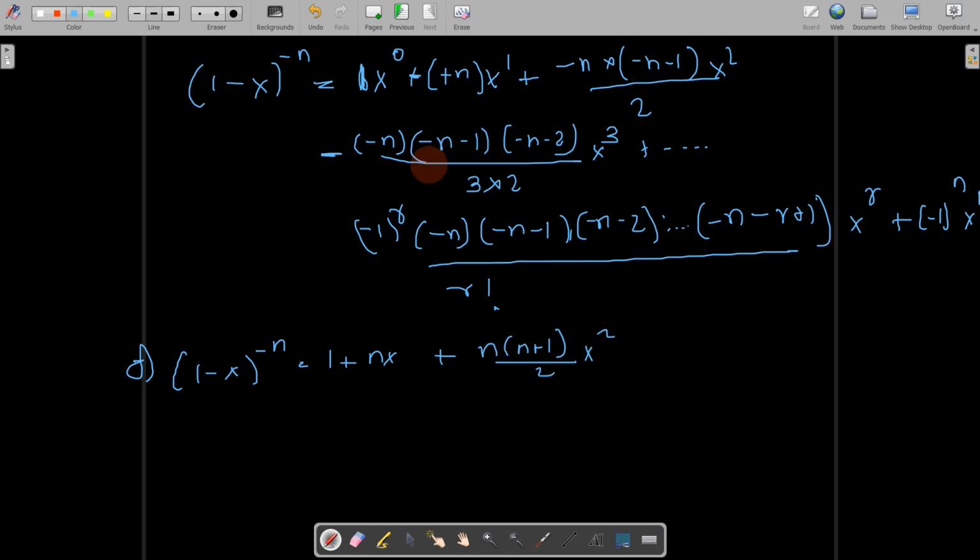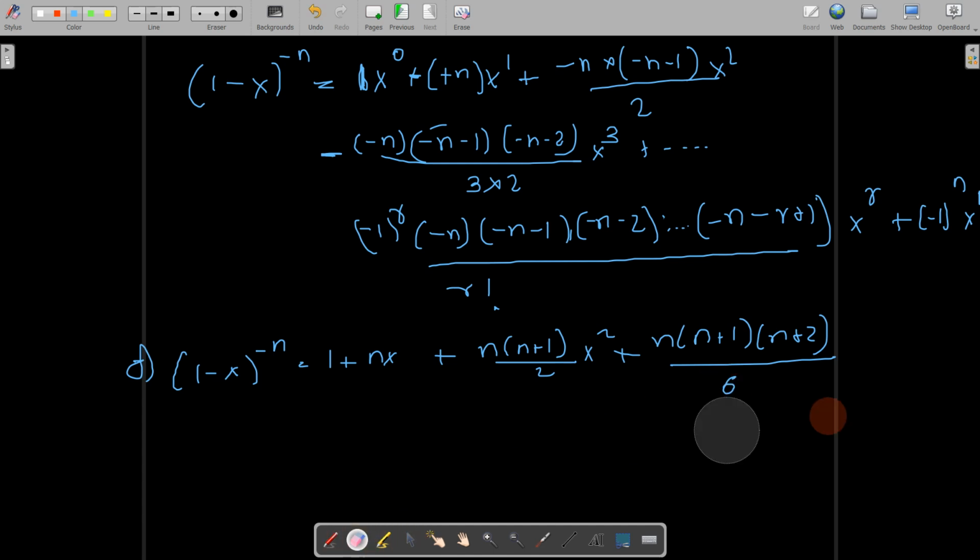And over here also, this is x power 3, we have a product of 3 terms, so it is a negative sign, but outside also we have a negative sign, so it becomes positive, n into n plus 1 into n plus 2 by 3 factorial x power 3 plus so on.